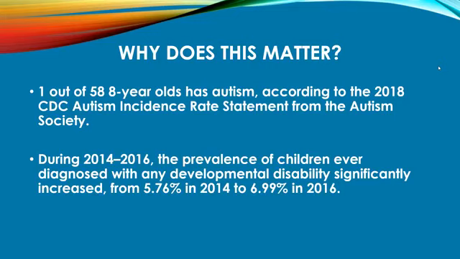And obviously, it's 2020 now as I'm recording this, so that may have gone up. And during 2014 to 2016, the prevalence of children that have ever been diagnosed with any developmental disability significantly increased. And again, these statistics were taken from a couple years ago, so it's likely that given the trend that they may be still going up.